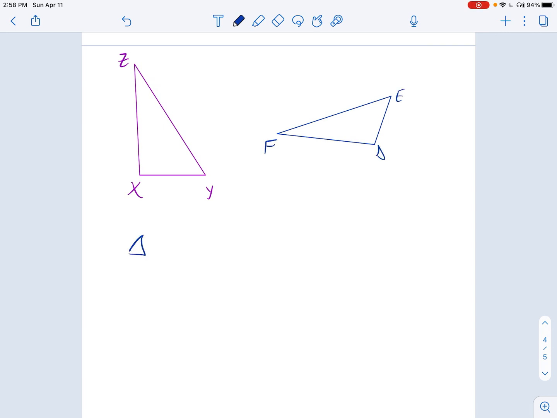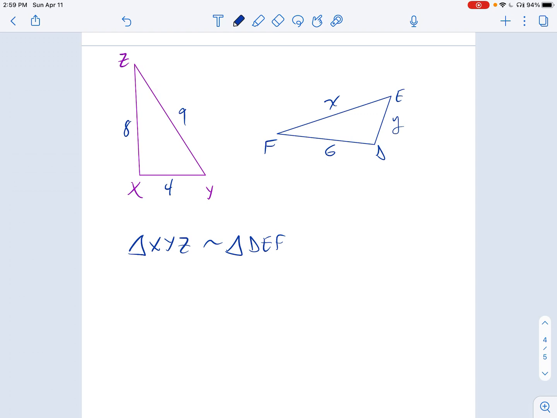And suppose that I tell you that triangle XYZ is similar to triangle DEF. And maybe I tell you that this is 8 and this is 9 and this is 4. And suppose that I tell you that this over here is 6. And I want to find x and y.